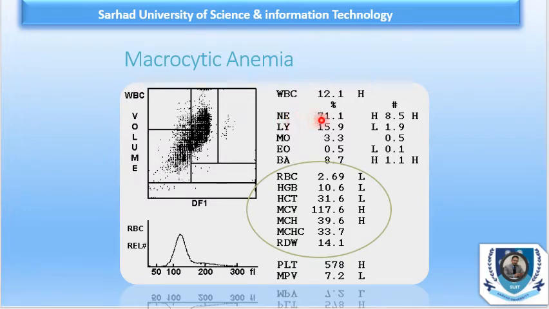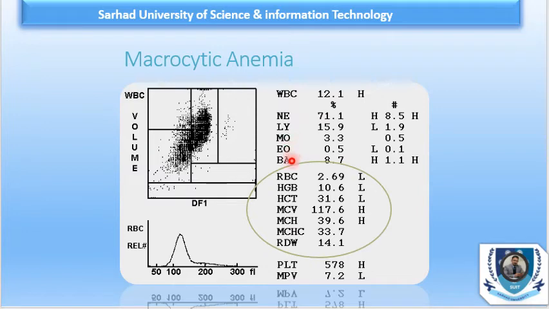So the neutrophils are higher. Here we have 71.1. It means that it's slightly high, and lymphocyte is 15.9, because you can see here that the normal range for WBC is 4,000 to 11,000 per microliter, but here it's 12.1, not much higher. So here neutrophil is higher than its normal limit, and lymphocytes are slightly lower, because if neutrophil has become high, lymphocytes are coming down.